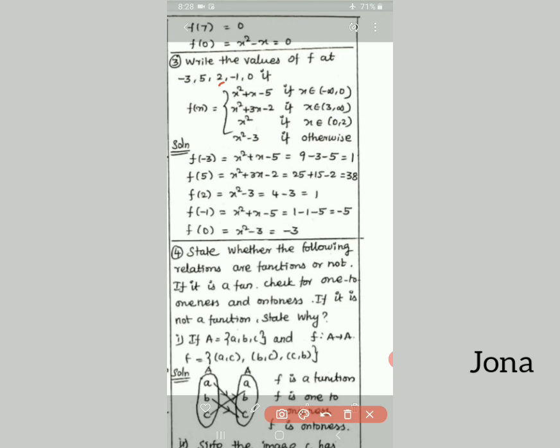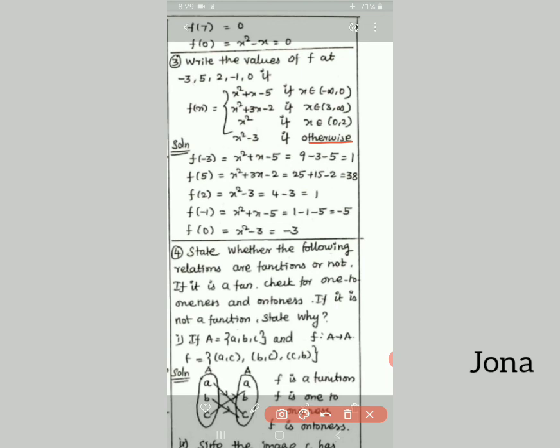So here 2, in which interval is it there? The 2 is not given. Here this bracket is nothing but an open bracket. So 2 is given, but we should not take it, because except this 0 and 2, other values we can take for this function. So 2 is not included in this interval, and it will be in the function otherwise.